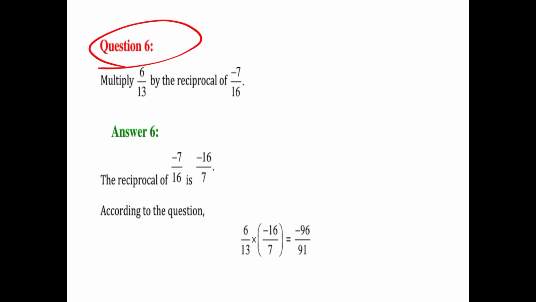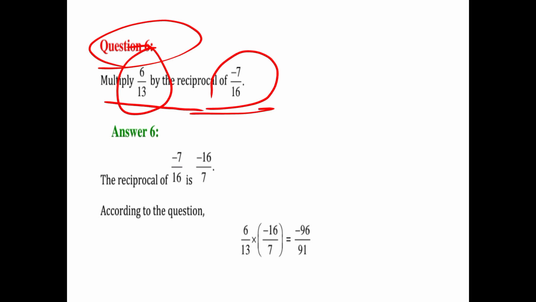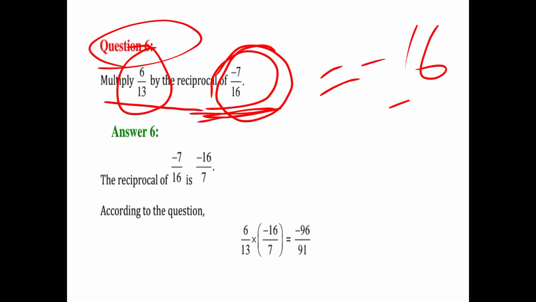Now question number 6: multiply 6 by 13 by the reciprocal of minus 7 by 16. In this question, we first have to find the reciprocal of minus 7 by 16, which is minus 16 by 7.